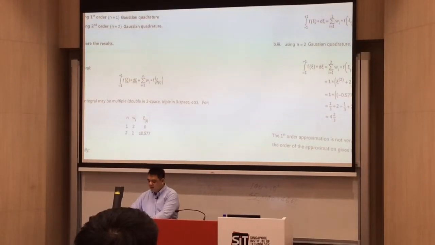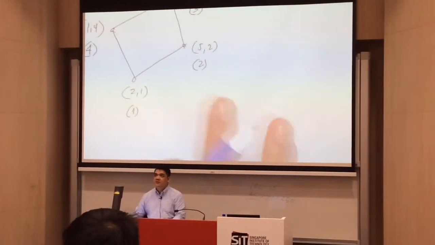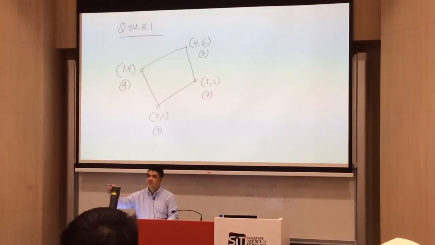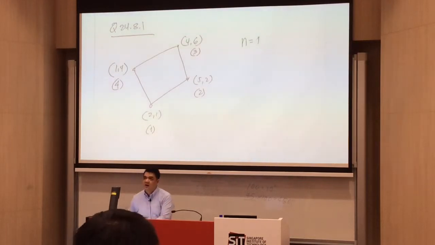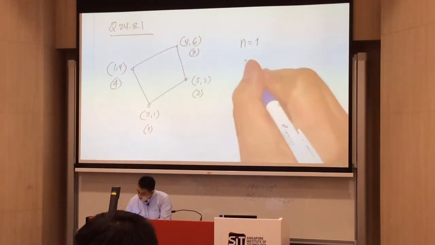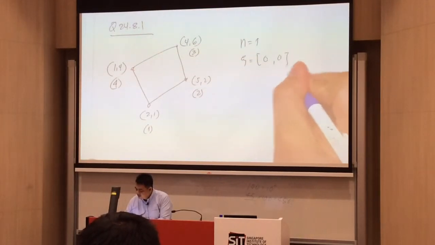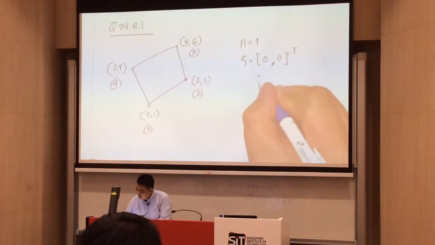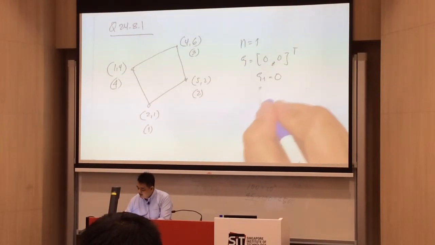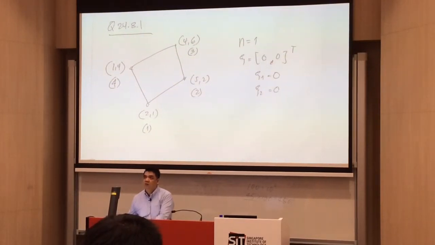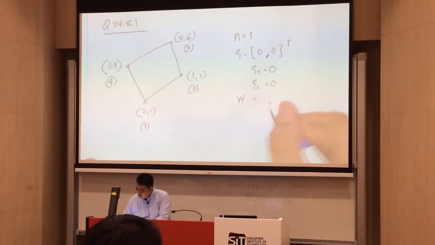I'll explain later. For this example, let N equal to 1, so that your c is 0, 0, meaning that c1 is equal to 0 and your c2 is equal to 0, and your weight is equal to 2.